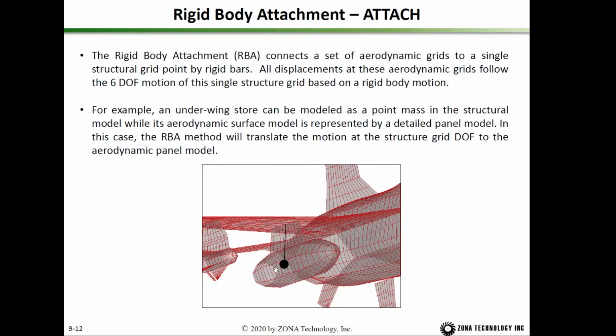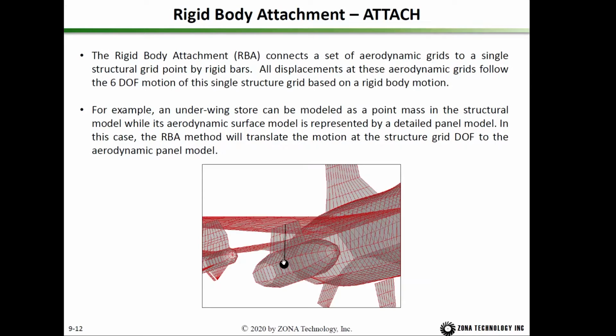The next one is called ATTACH. If you have an underwing store, those stores usually are very rigid. So the structural people sometimes model the whole store by a lumped mass. Okay, they don't consider the stiffness; they only consider the mass. So you only have one grid point. Of course, in the aerodynamic model, you have to model the store. So the ATTACH is that you will connect this point to every aerodynamic panel by a rigid bar.